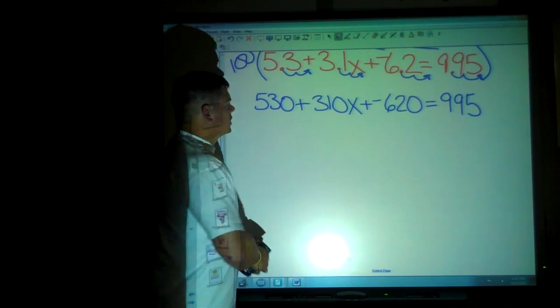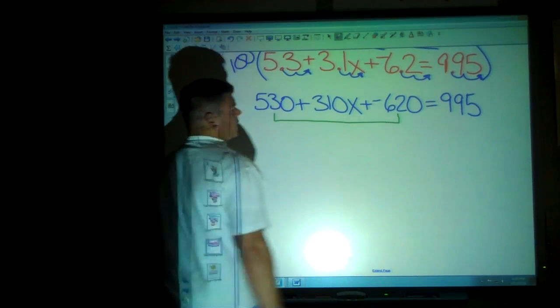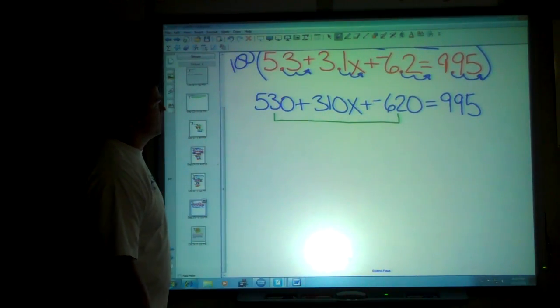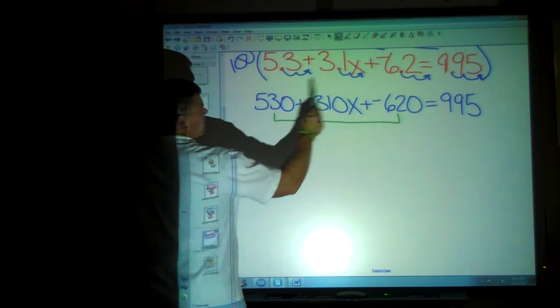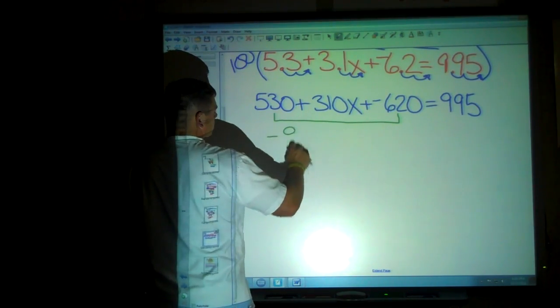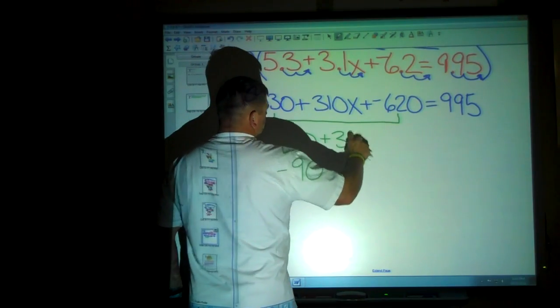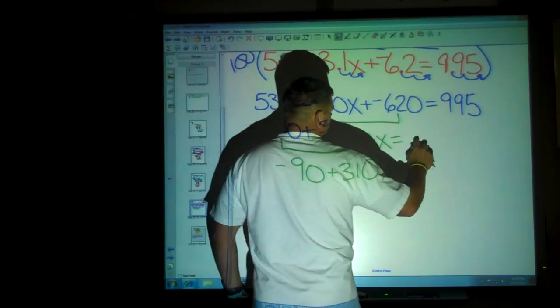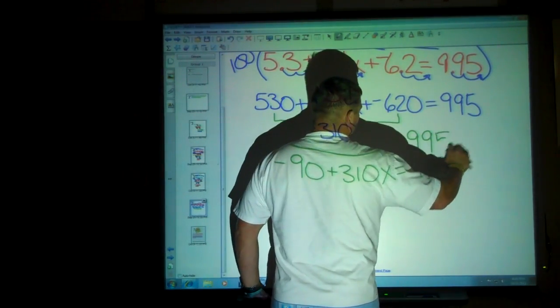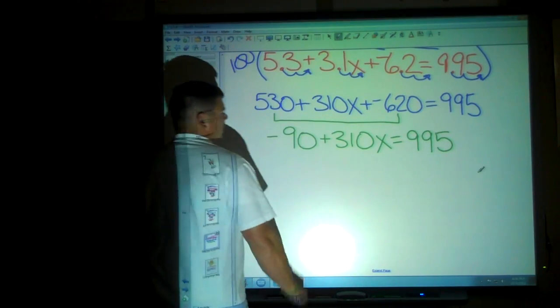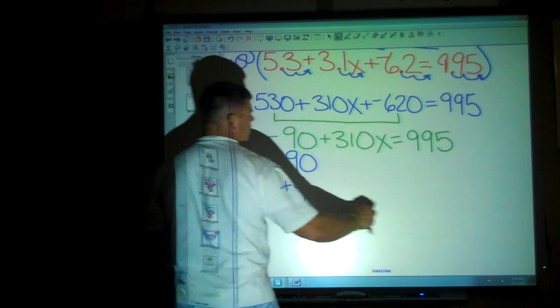530 plus the negative 620, those are like terms. I don't want to start shuffling until I've simplified as much as I can. And that would come out to be negative 90 plus 310x equals 995. All I need to do now is add 90.